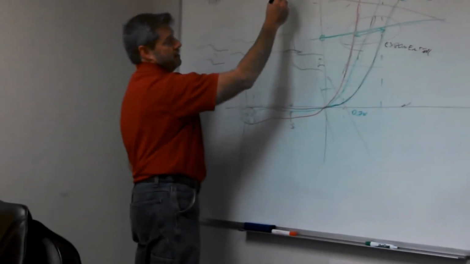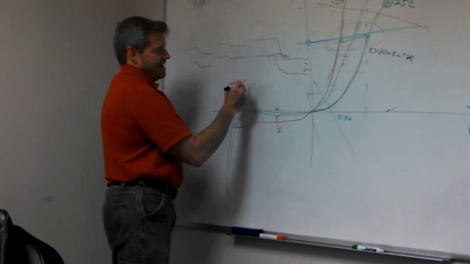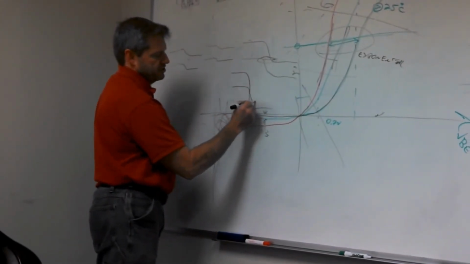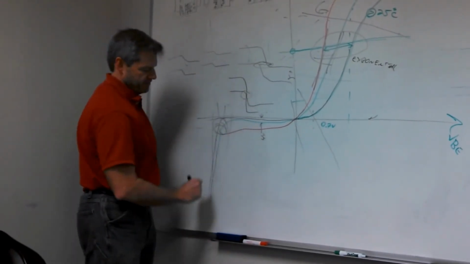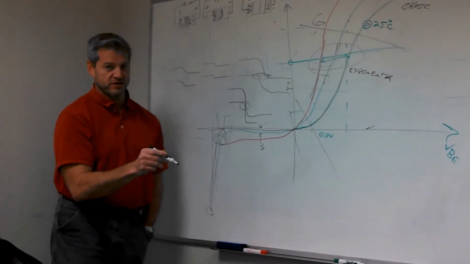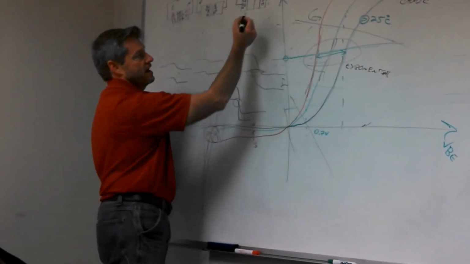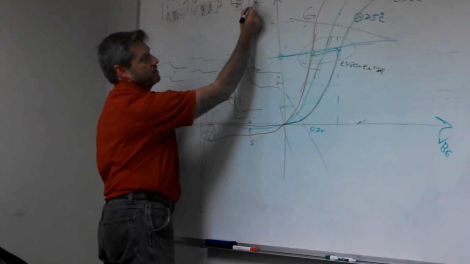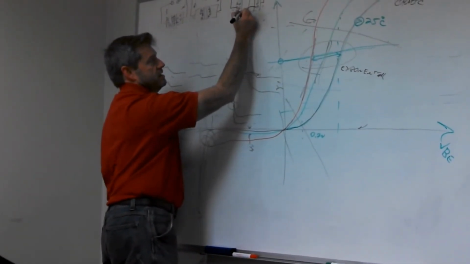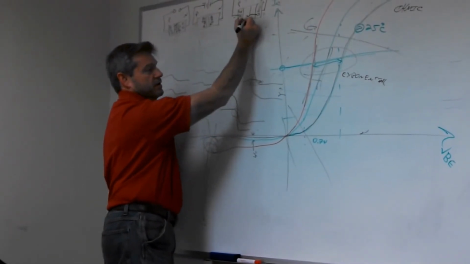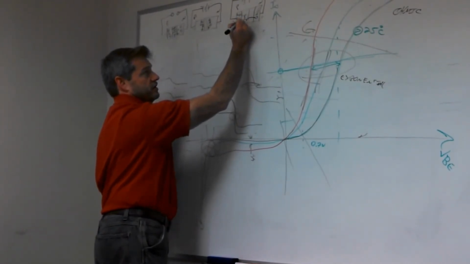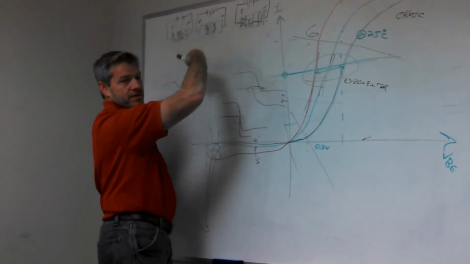And then if you get far enough along on this guy, the electric field gets so high, you basically collapse these things on top of each other. And now you go into an avalanche mode, which is down here. And in that, it's not the tunneling effect that causes the current. Well, it is, but what happens is that the electric field is so high, one of these guys jumps off into here, and when he does, he impacts another atom and knocks another electron loose. So for every one that comes across, two come out.